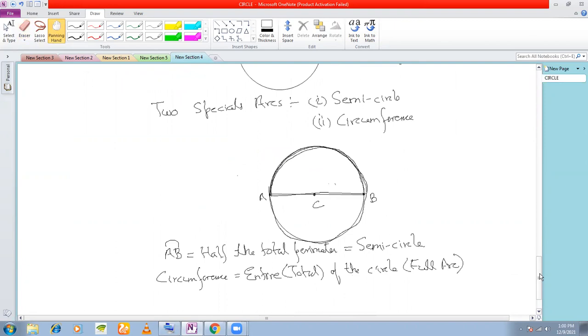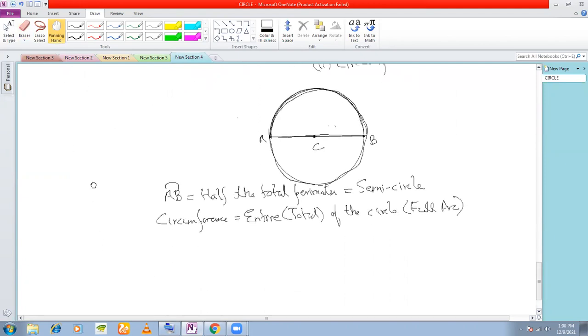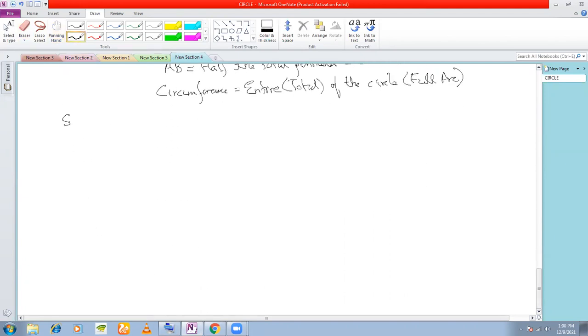Okay. Next is what we call as the sector of a circle. The area between two bounding radii of a circle.